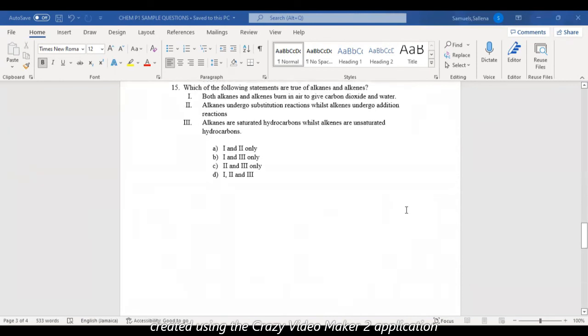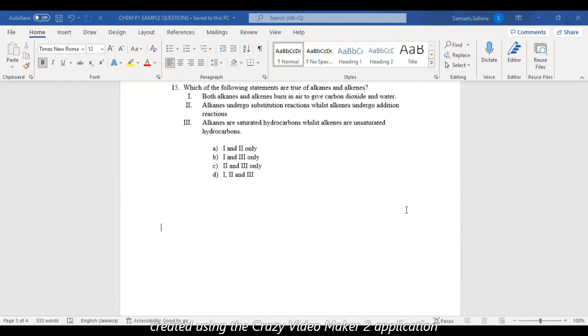Which of the following statements are true of alkanes and alkenes? 1, both alkanes and alkenes burn in air to give carbon dioxide and water. 2, alkanes undergo substitution reactions while alkenes undergo addition reactions. 3, alkanes are saturated hydrocarbons, while alkenes are unsaturated hydrocarbons.